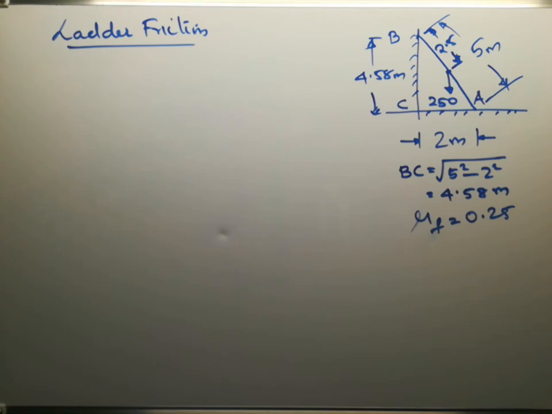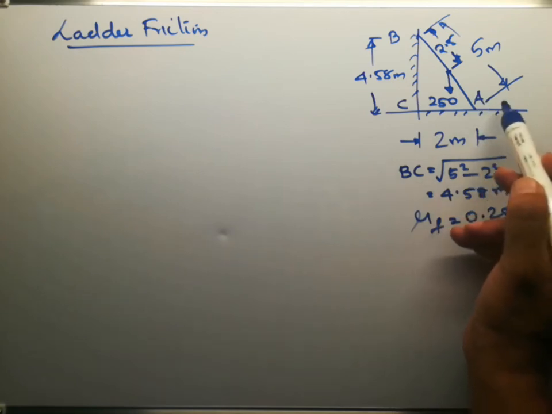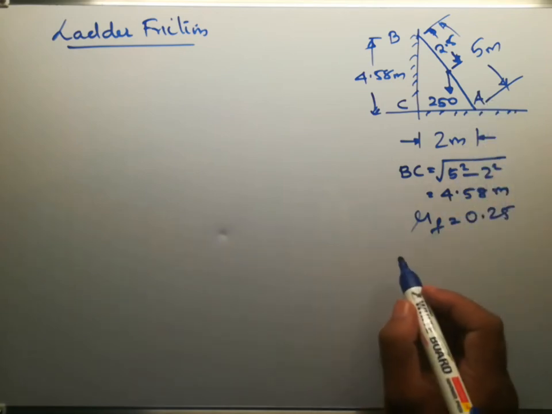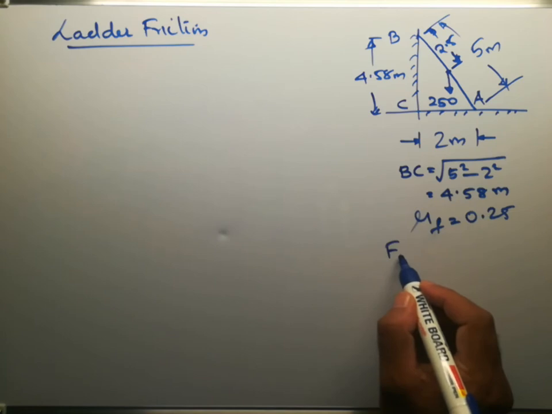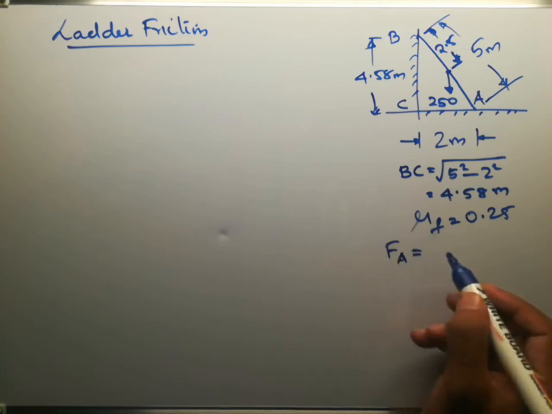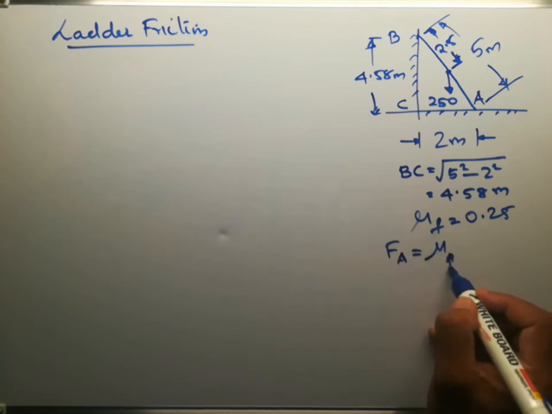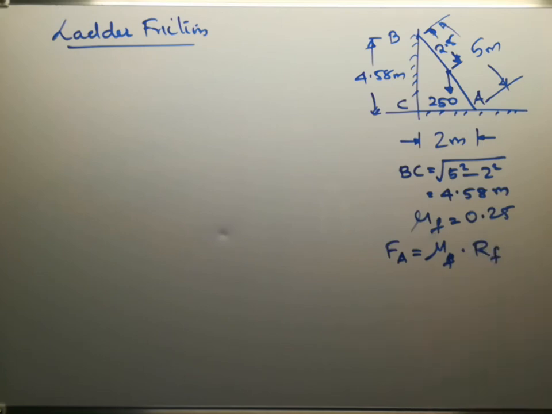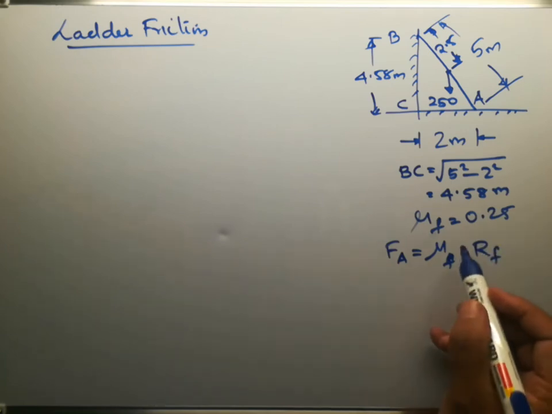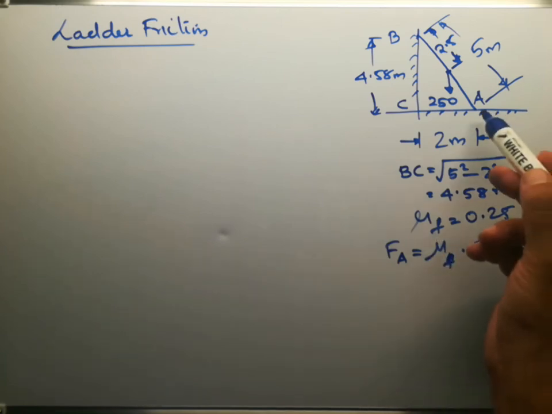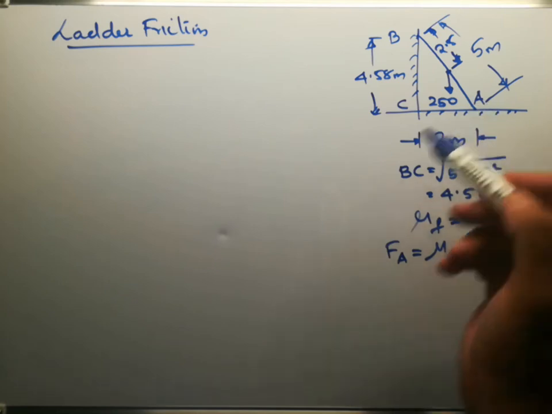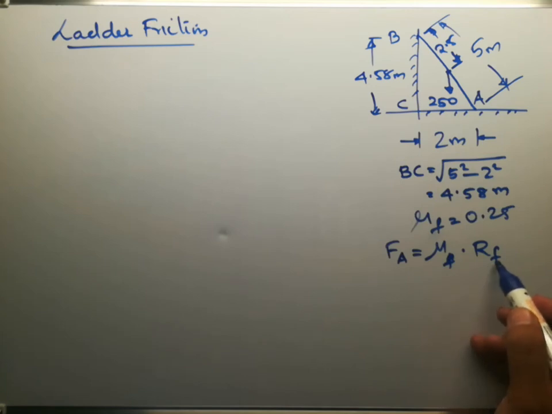The first case is when the frictional force at point A is the limiting friction, that is FA equal to mu F into RF, where mu F is the coefficient of friction at the contact surface of the floor, and RF is the normal reaction at point A, that is at the floor.